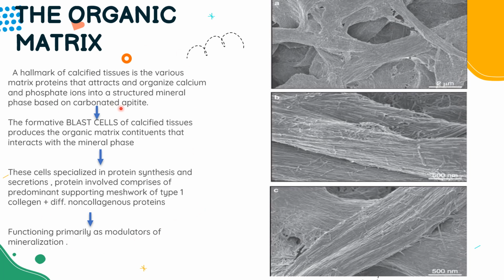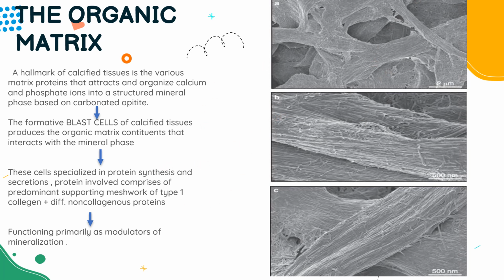Basically, what this whole slide says is that the organic matrix is formed during amelogenesis and it has different phases and different ions. The formative blast cell phase produces different materials and constituents of organic matrix, which in the mineral phase interacts with calcium and phosphate ions. The blast cell produces different specialized proteins which comprise a meshwork of collagen type 1, which act as modulators for mineralization. I hope it's clear now. If not, comment down your query and I'll explain it again.